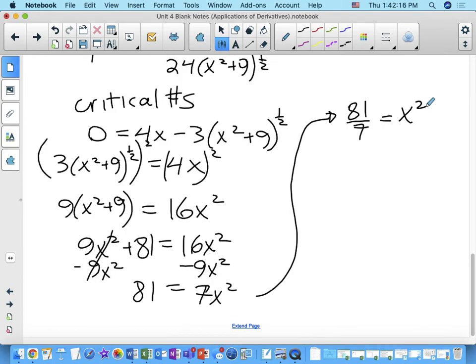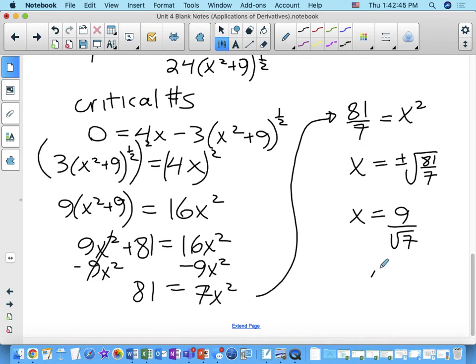And then if this was just an equation, the solutions would be that x equals plus or minus the square root of 81 over 7. But x represents a distance. So which one do we have to throw out? The negative one, that's right. And also 81 is a perfect square. So this is just going to be 9 over root 7.